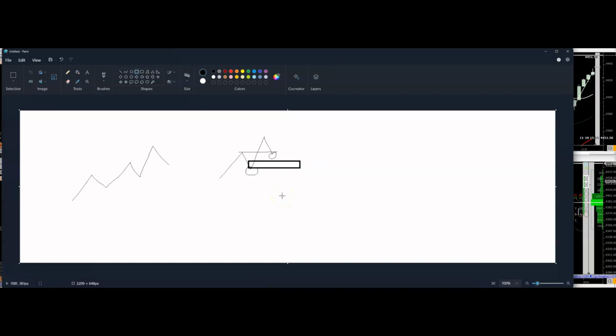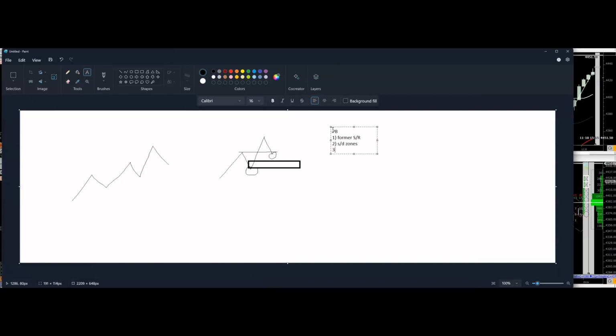Let's just write it down. Pullback methods. One is resistance becoming former support, resistance areas. A second method is supply and demand zones.